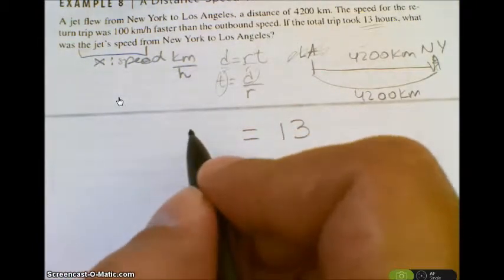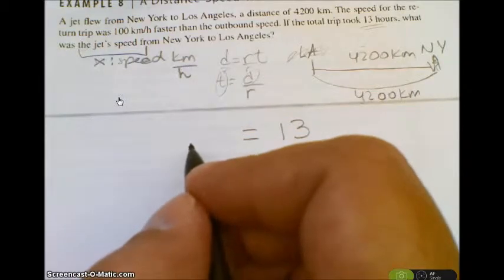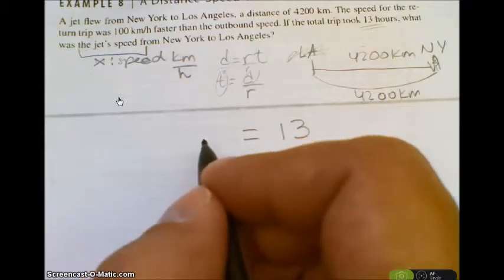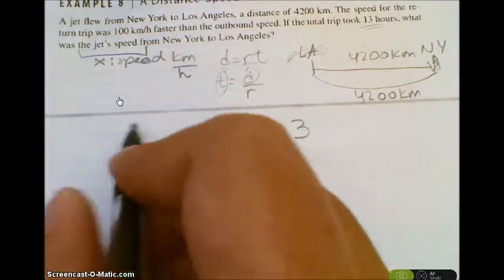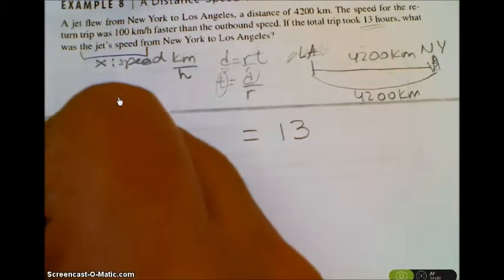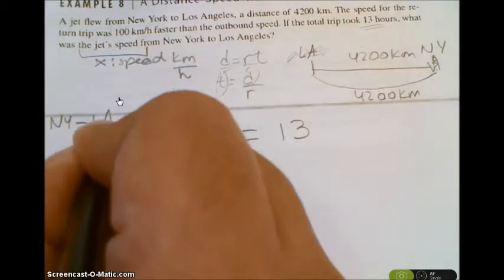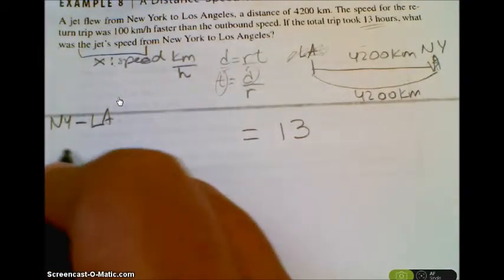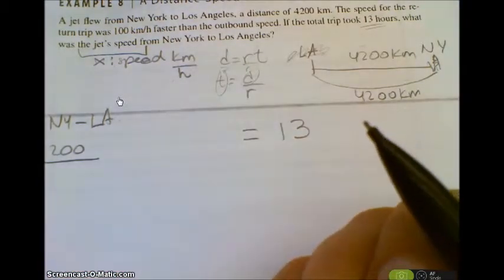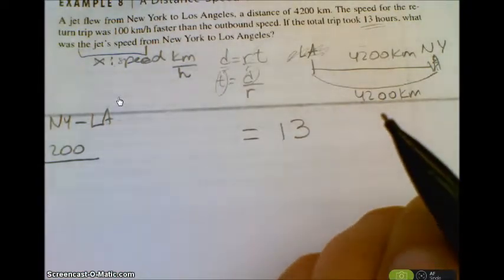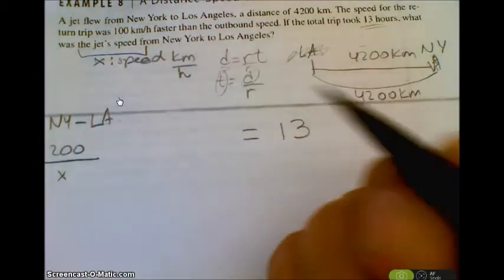So on the way from New York to Los Angeles, I went 4,200 kilometers. And what was the speed? Whatever that speed was, x.